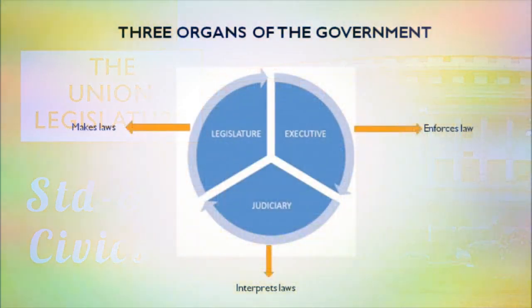As you are very aware, the Government of India works through three organs: the Legislature, the Executive and the Judiciary. The Legislature makes laws, the Executive enforces these laws, and the Judiciary interprets the laws and safeguards the Constitution.